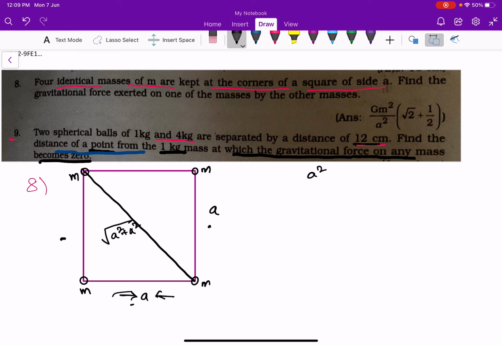A square plus A square is root 2A square, that is equal to root 2 into A. This distance is root 2 into A.